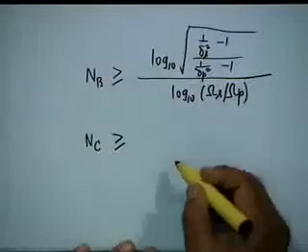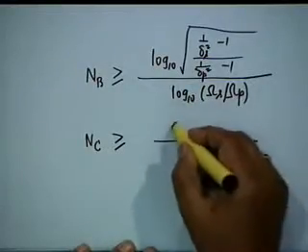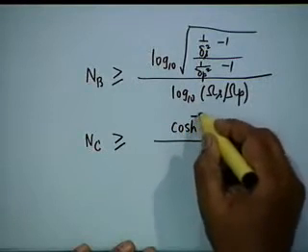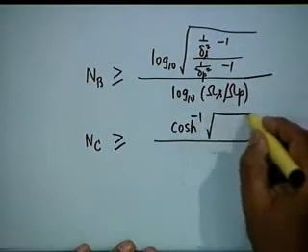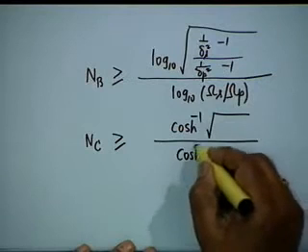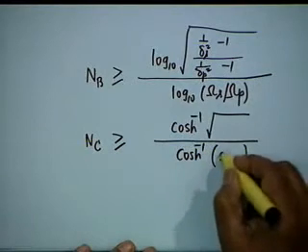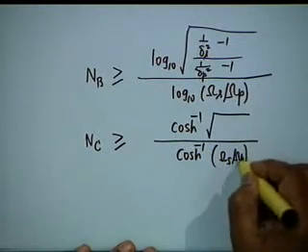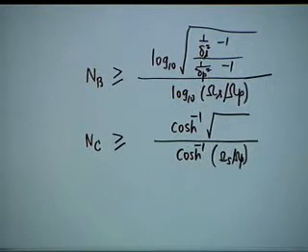Whereas, for the Chebyshev n sub c, all that changes is cos inverse replaces log 10. Cos inverse of omega s by omega p, and the numerator is the same.